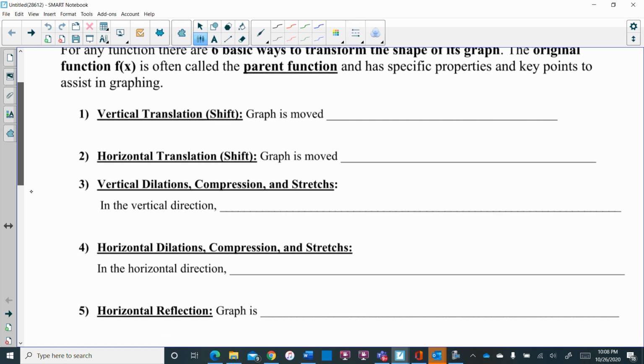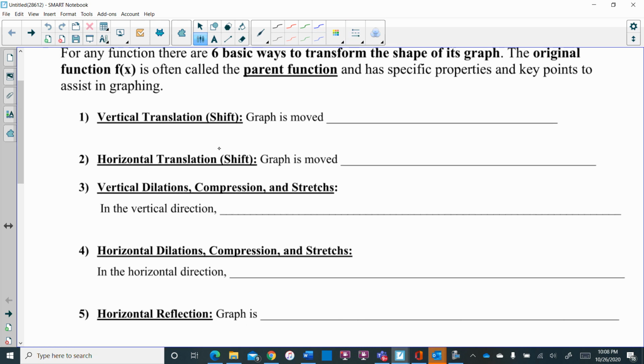They want you to be specific about the properties or key points when graphing. So if I'm doing a translation and a shift, the graph is going to move either up or down. You can just write it out if you want to.